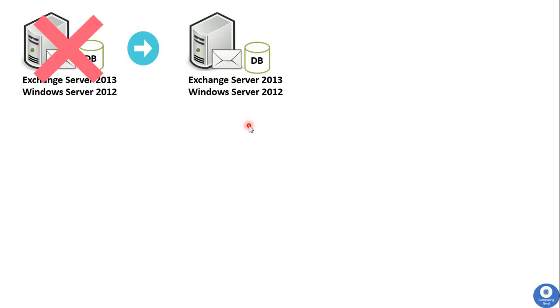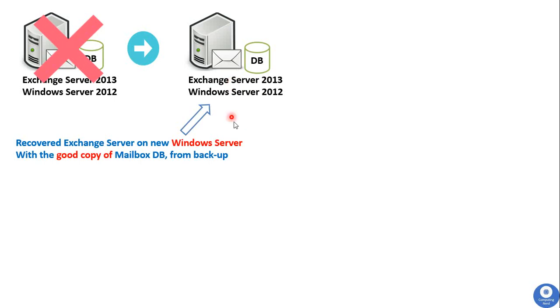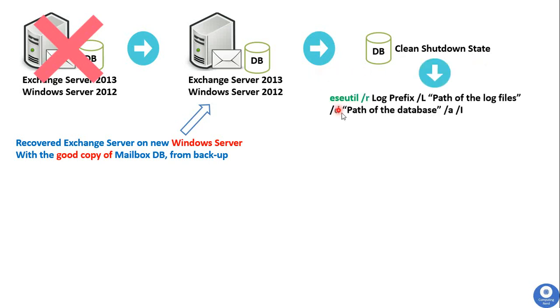After the Exchange recovery is done, we have to copy the mailbox database onto this recovered Action Server. After recovering the Action Server and copying the mailbox database from the backup, we have to verify the health of that mailbox database. That mailbox database should be in clean shutdown state. If it is not, then first we have to bring that mailbox database into clean shutdown state with this command, ESUtil /R.